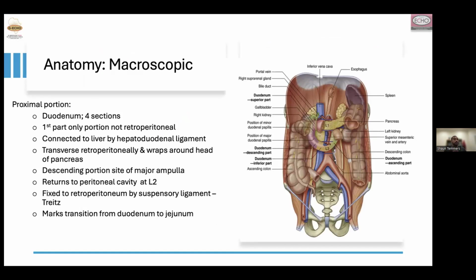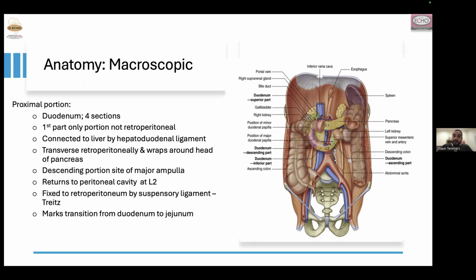The proximal portion of that small bowel is the duodenum and can be divided into 4 sections. The first part is the only part that's not retroperitoneal, and it's connected to the liver and parts of the anterior abdomen via a thin ligament known as the hepatoduodenal ligament. It then traverses retroperitoneally, where it wraps around the head of the pancreas, and the descending portion is the site for the major ampulla.